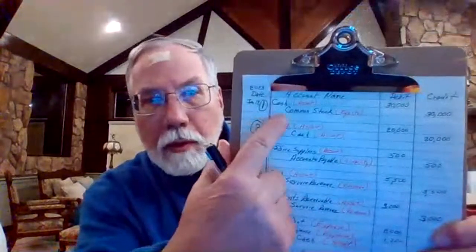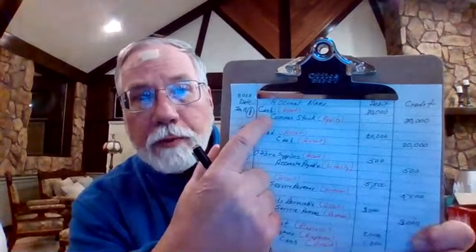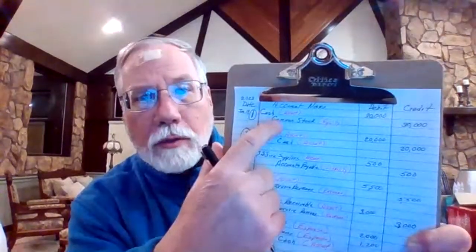So now we're going to post those transactions that we saw in Chapter 1 that repeat themselves in Chapter 2. So here's the first entry, the one where Sheena Bright started the corporation by transferring $30,000 from her checking account to the corporate account. So we're just going to take the debit. If it's a debit in the general journal, it's going to be a debit in the general ledger account.